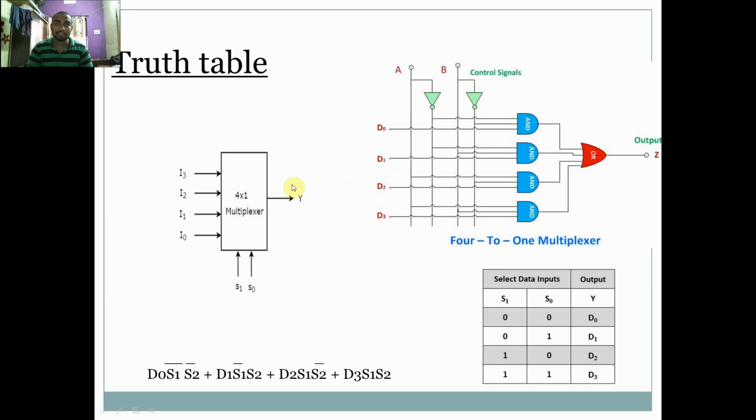We will study the 4 is to 1 multiplexer. This is the diagram of a 4 is to 1 multiplexer. Here we have 4 inputs, 1 output and 2 select lines.